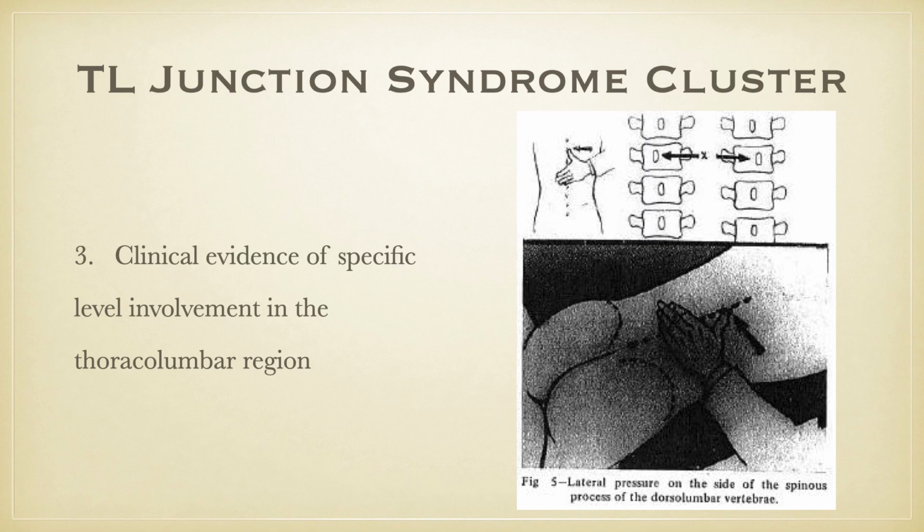So it would go from upwards of T10 down to something like L2, and you're applying a lateral force along the side of the transverse process, in essence, to apply pure rotation into the segment. So you're pressing on one vertebra, so T10. How does that feel? Go down to T11, repeat, T12, repeat, and so on.